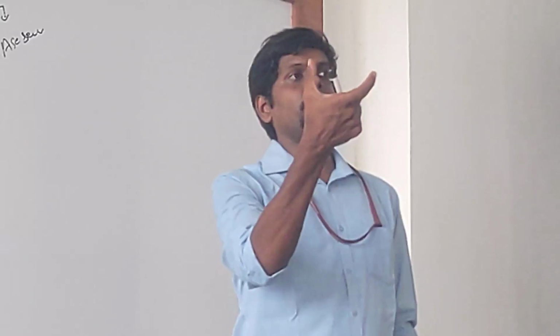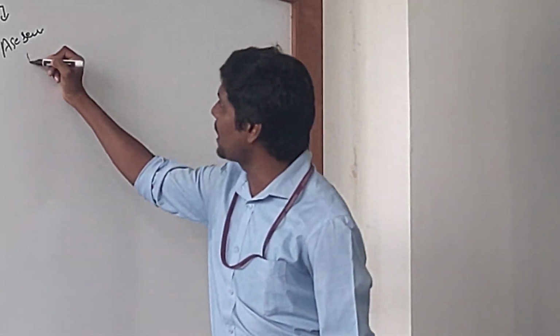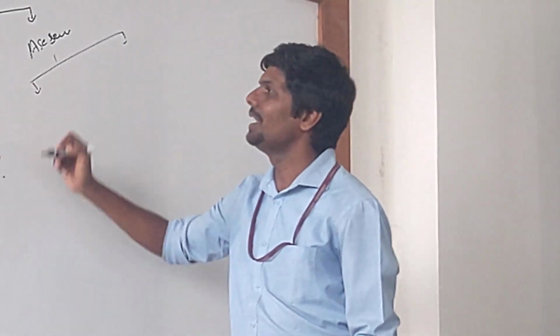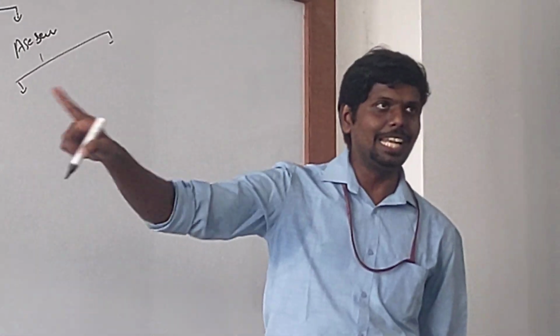Next, asexual spores. Asexual spores form by vegetative reproduction, mitosis. Based on their location on the growing medium, these asexual spores are further divided into two types. Never confuse this with mycelial.